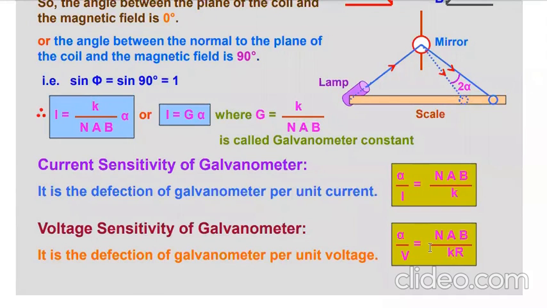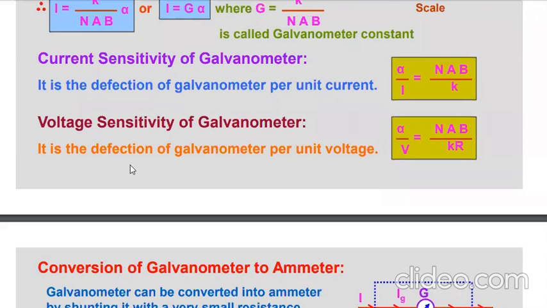So we can say that voltage sensitivity is just equal to the ratio of current sensitivity and resistance. So voltage sensitivity of a galvanometer is defined as the deflection produced in the pointer of the galvanometer per unit voltage.